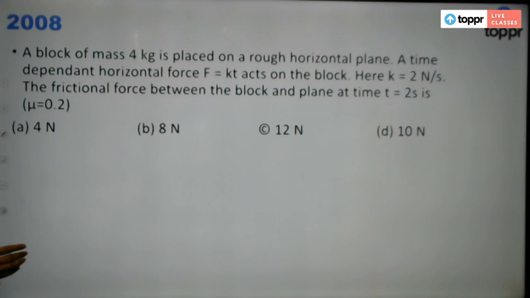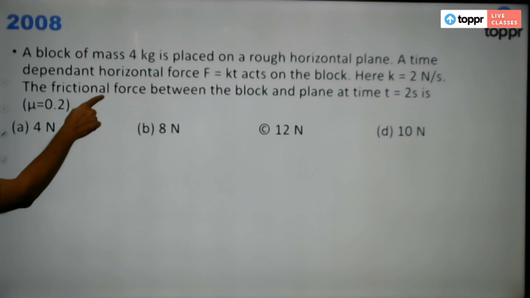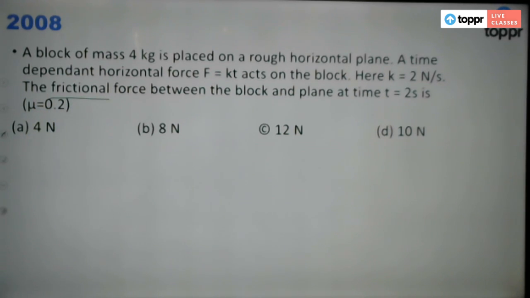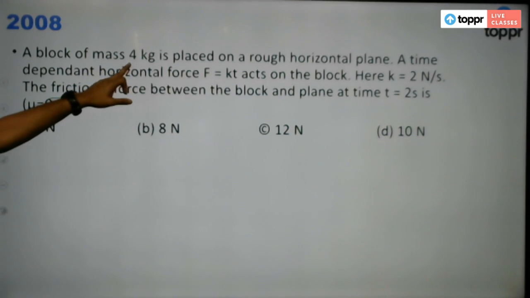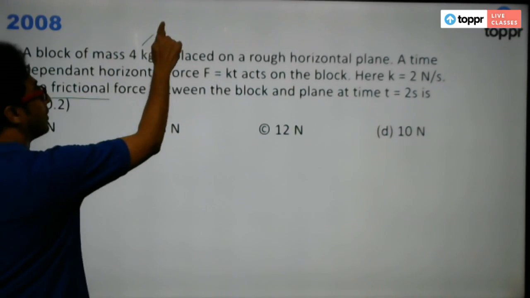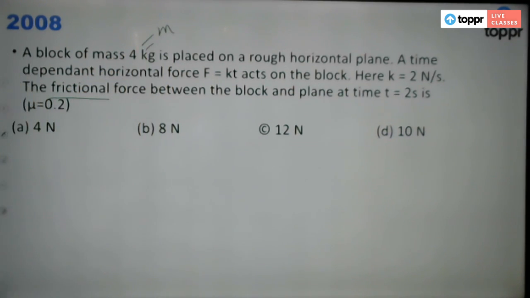Very interesting. We have come to another topic. We have done pseudo force, non-inertial frame, Newton's laws of motion. We have come to the topic of friction. Okay. A block of mass 4 kg is placed on a rough horizontal plane.